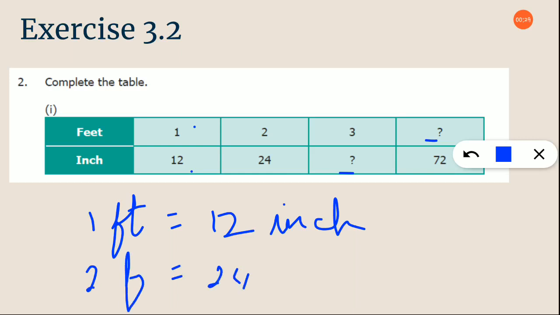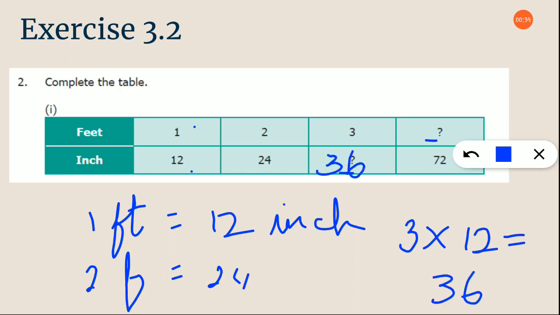In the same way, 3 feet will be equal to how much? 3 into 12, so 36. This one should be 36 inches. For 1 foot it is 12. For 2 feet, you have to multiply this 12 by 2 and find 24. For 3 feet, you have to multiply by 3 and then find the answer for this box.